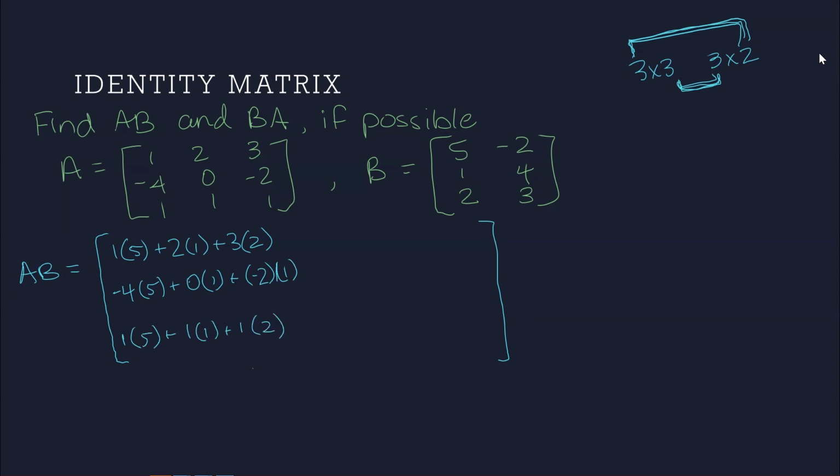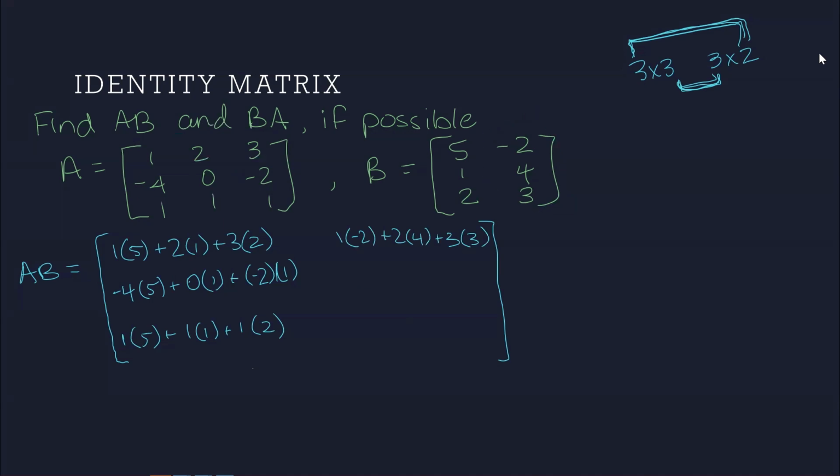Moving to the second column, I want the first row spot, which is 1, 2, so first row by the second column. So 1 times negative 2 plus 2 times 4 plus 3 times 3. Now this next spot is 2, 2, second row by second column, finding the dot product.